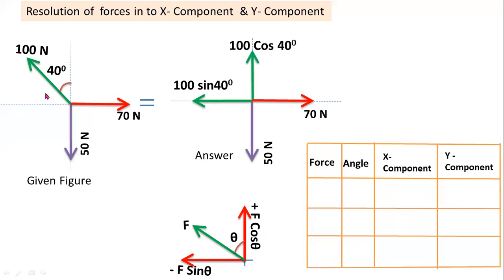Here the opposite side is the horizontal force and the adjacent side is the vertical force. For adjacent sides, you have to consider cos theta. For opposite sides, you have to consider sin theta.